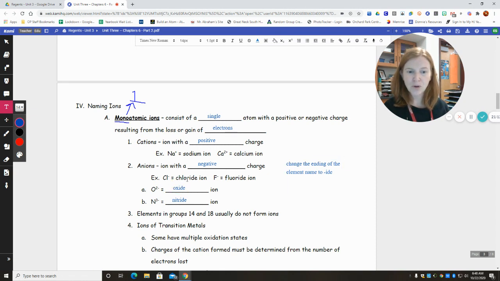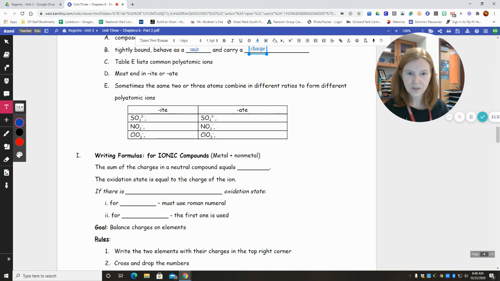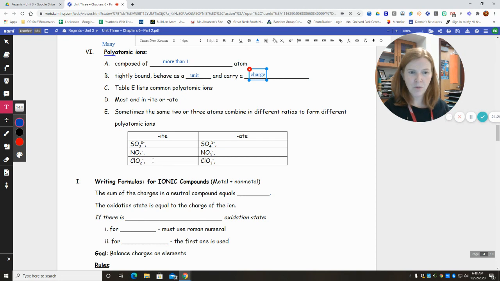So, for example, chloride, ending in IDE, is a monoatomic ion of chlorine, Cl-. As we'll see in a moment, chlorite is a polyatomic ion, ClO2, where that group gets a -1 charge.